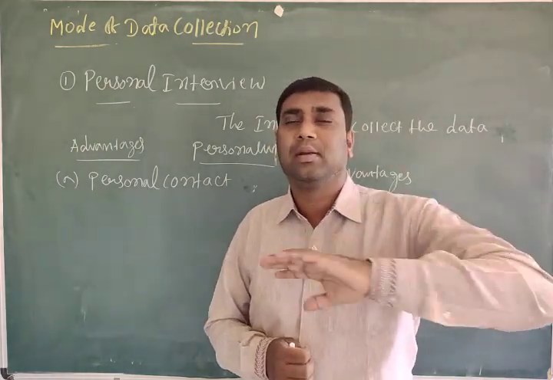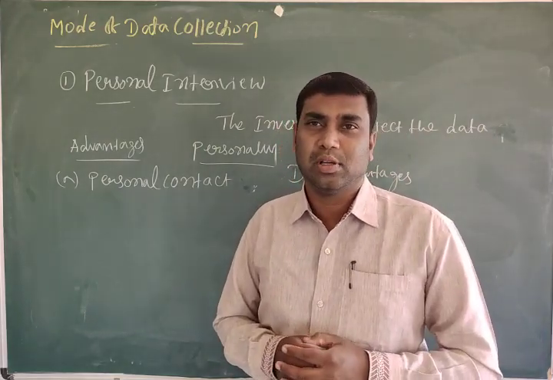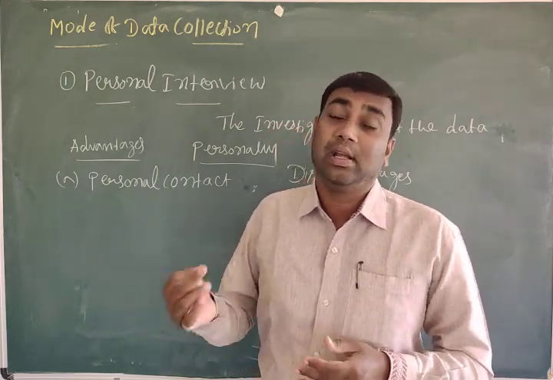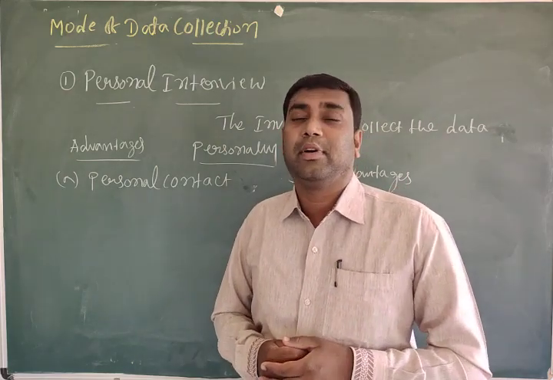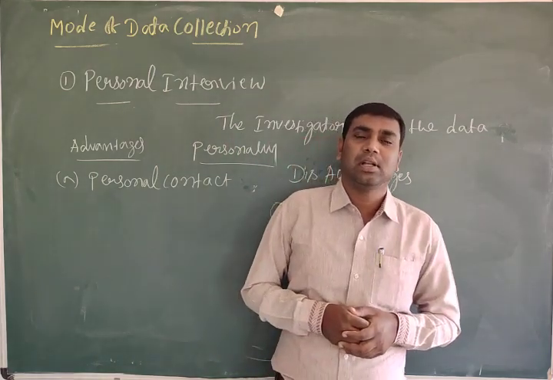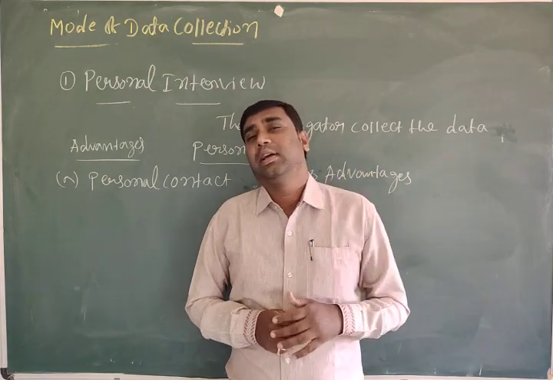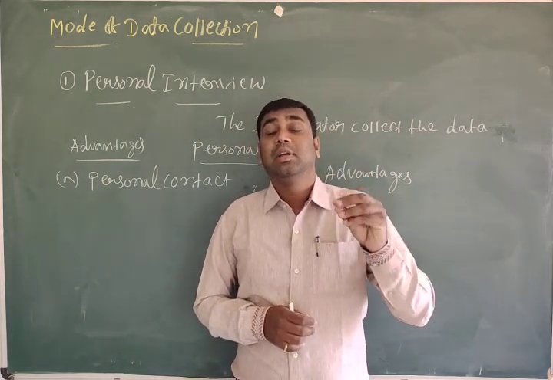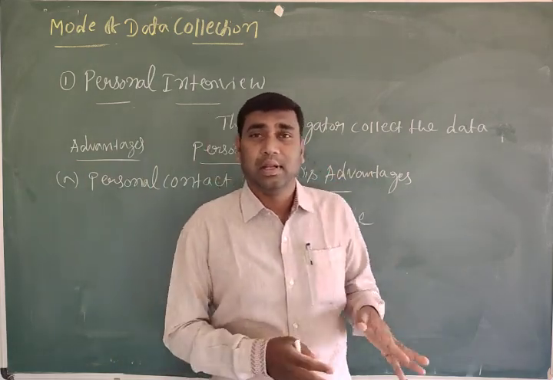He has to travel, so there is the transportation cost, and he has to prepare mentally and physically, and he has to be trained. First, the company or channel should give training to the investigator. After that, the investigator should give instructions to the respondent: tell like this, don't tell like this.